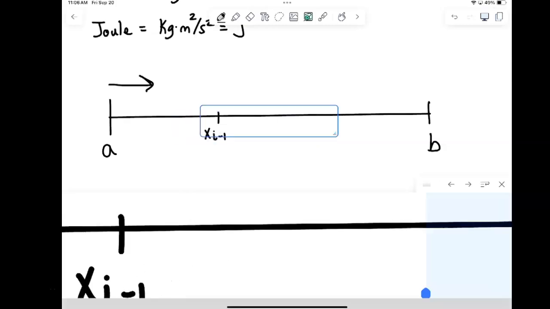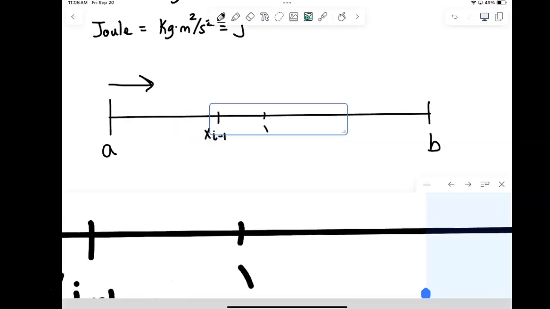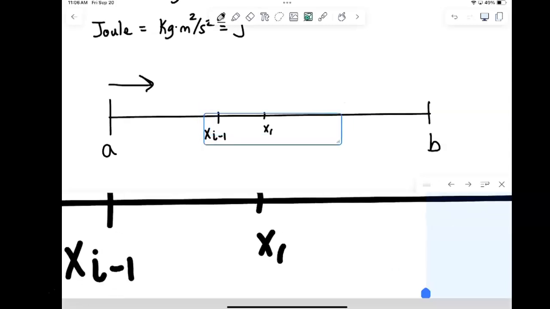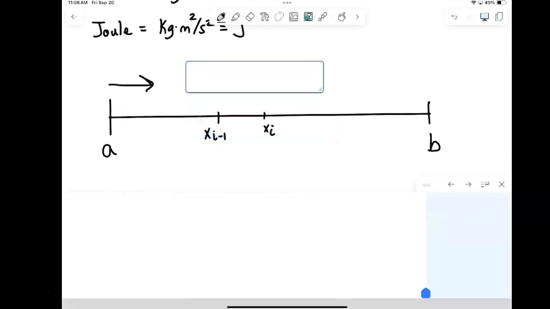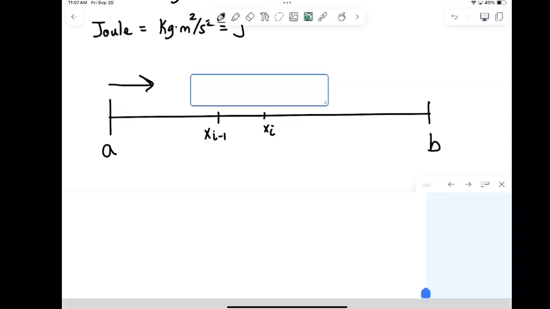So once again, we would subdivide our interval, pick some point in the interval. Now I did a star point last time, but it really doesn't matter what point we pick.